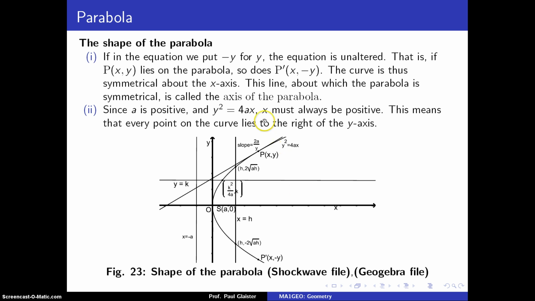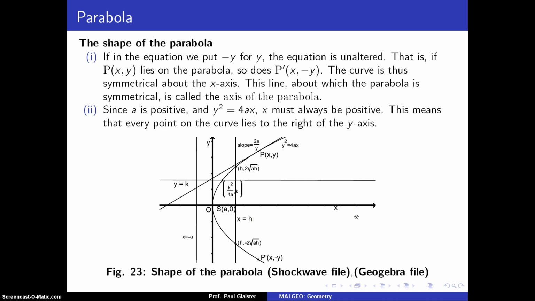We also see that because we've taken a as positive, y squared will always be greater than or equal to 0, so x must always be greater than or equal to 0. In other words, the parabola must lie to the right of the origin and the y-axis, except there's the one point where it actually passes through the origin.